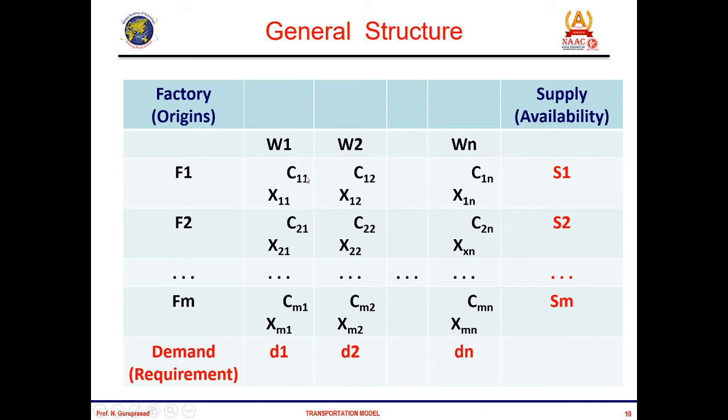I repeat, the significance of C11 in this matrix is it is the cost involved in shipping one product from factory 1 to warehouse 1. Similarly, the cost involved in shipping one product from factory 1 to warehouse 2 is C12. C21 means cost involved in shipping one product from factory 2 to warehouse 1, right? Similarly, all other costs involved in this particular matrix.